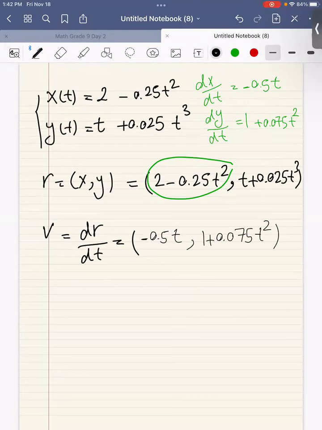I can teach you how to take derivatives, and that is all you need, okay? So that is the instantaneous velocity general formula at different times. Now we can find, for example, the instantaneous velocity when t equals 0. So for t equal to 0, v is equal to what?